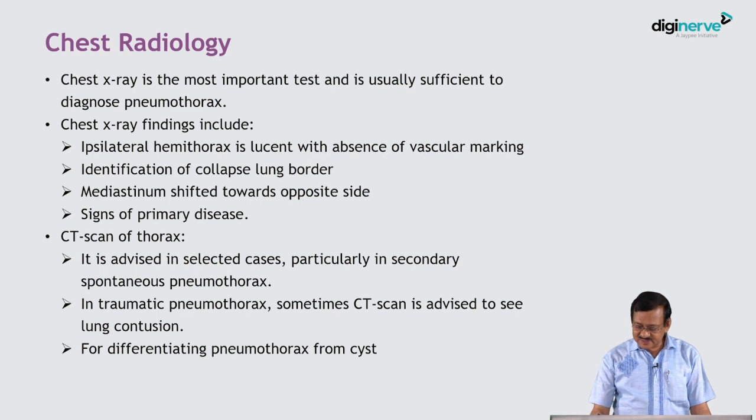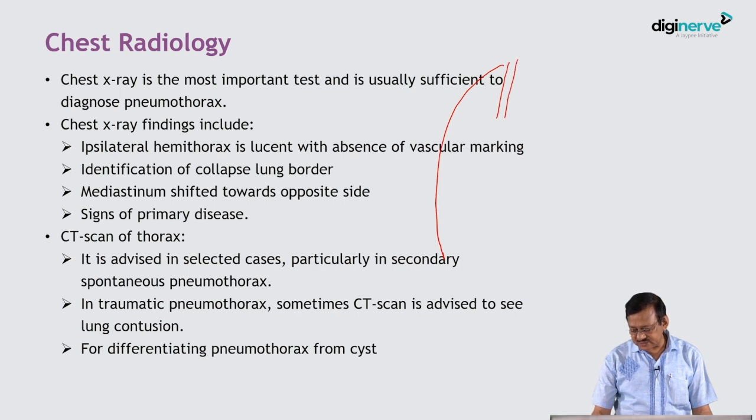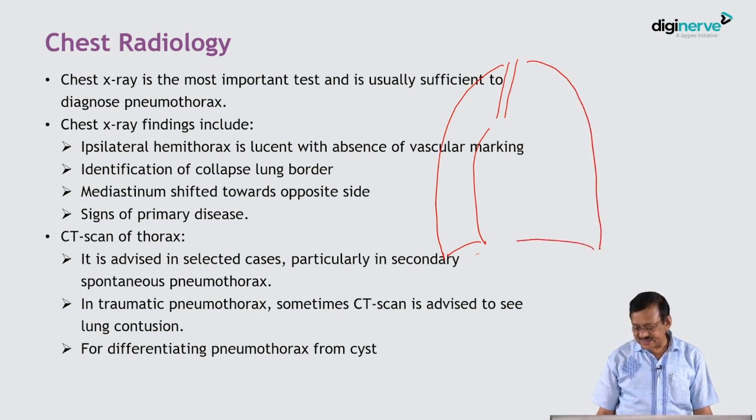Suppose this is the chest X-ray, and the mediastinum will be shifted to the opposite side, the heart will be shifted to the opposite side in left-sided pneumothorax, and there is increased lucency. That means there is some lung marking here on the same side, but here there will not be any lung marking and there will be a collapsed lung margin.